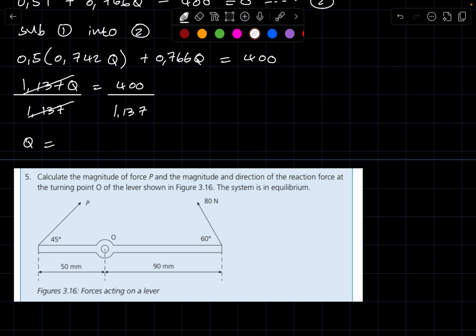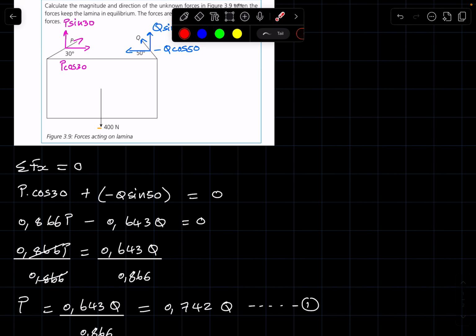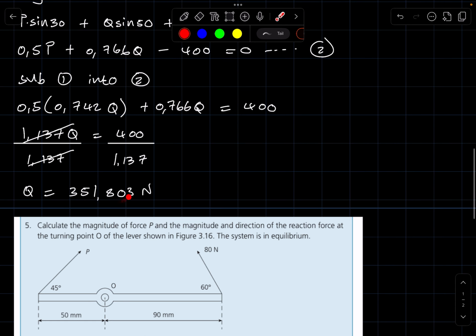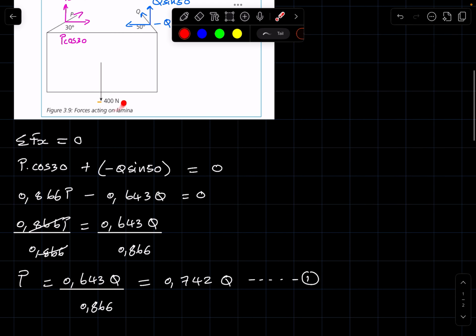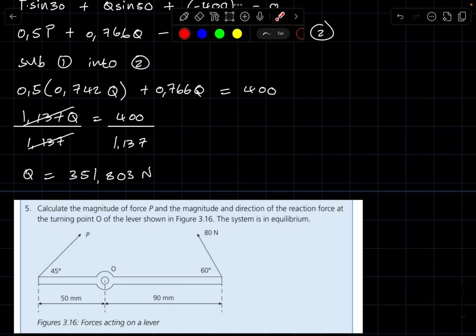Punching that in your calculators, you should get 351.803 newtons. Remember the one force that was given is expressed in newtons, meaning that this force is also in newtons. Had the 400 been in kilonewtons, then our answer would also be in kilonewtons. That is just for interest's sake.